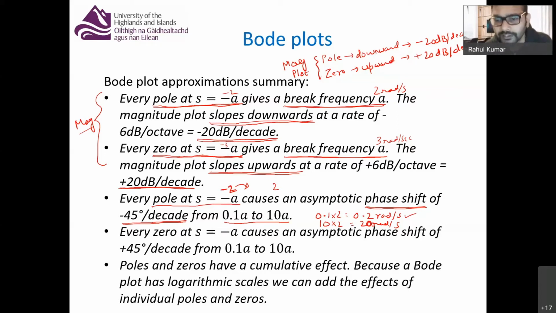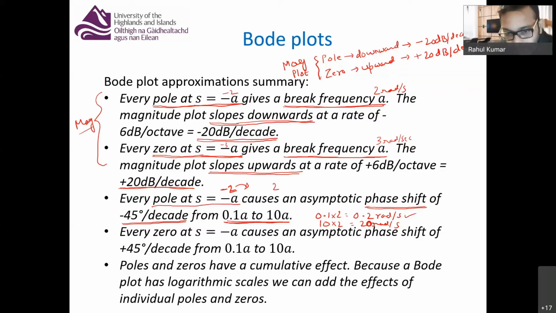Similarly, you can calculate if you have a pole at minus 3 or at 1, and it will change accordingly. So this is an additional thing in the phase diagram.